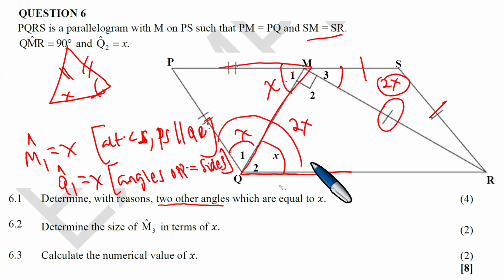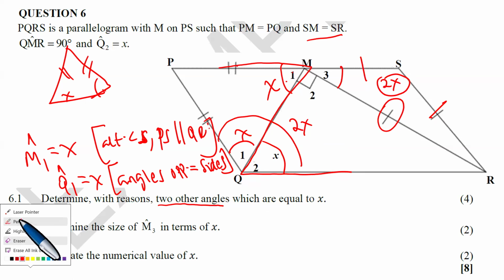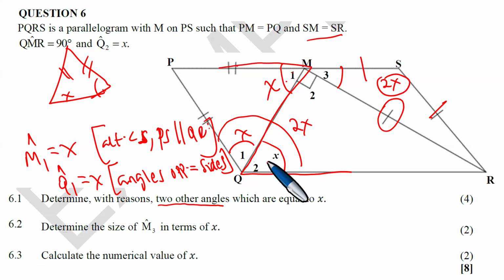If PQRS is a parallelogram, this one is 2x and that one is also 2x. And if SM equals SR, it means these two angles are also equal to each other. So what then do we have there?